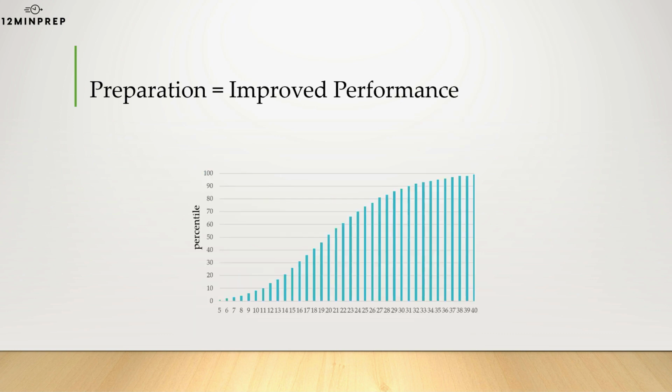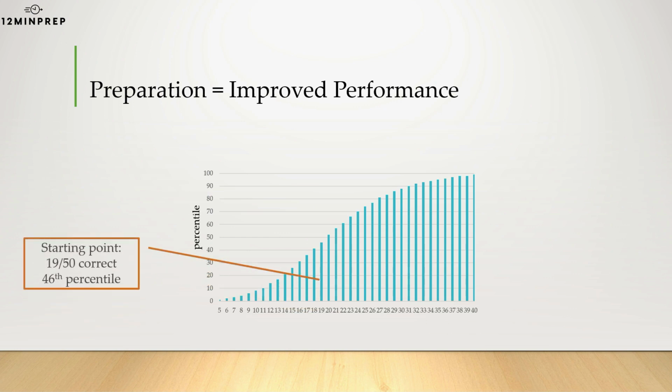Here's just a modest example of how things can look for a candidate before and after taking a prep course. Imagine John's starting point prior to practice is 19 out of 50 correct answers, which puts him above 46% of the population.